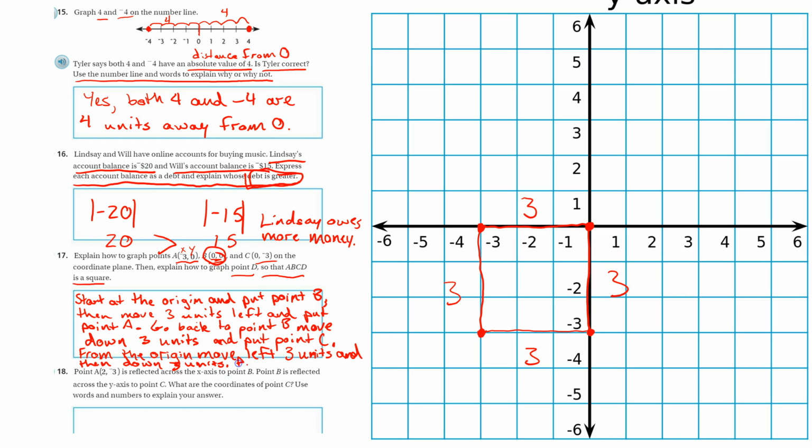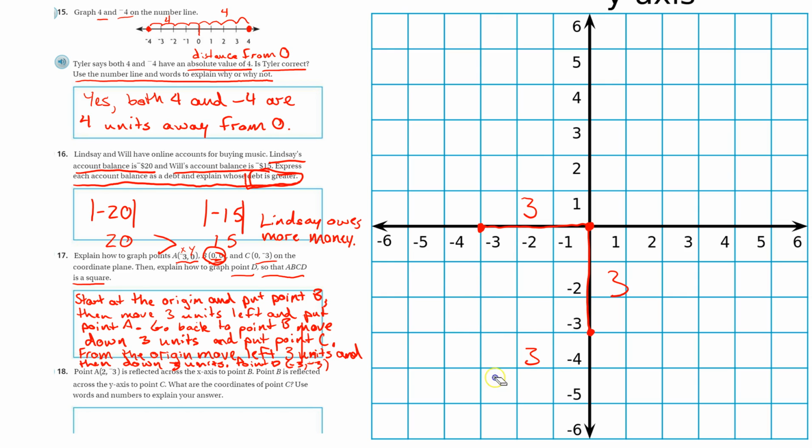And then point D, I'm just going to be clear, is located at -3, -3. All right, last problem. Yay, last problem.